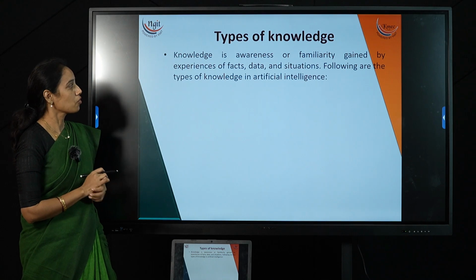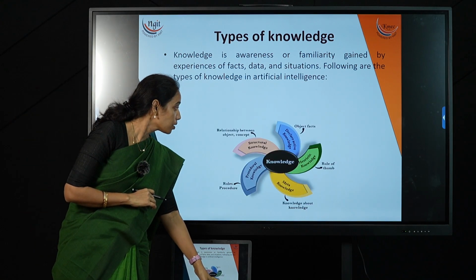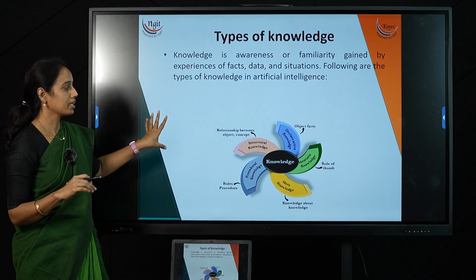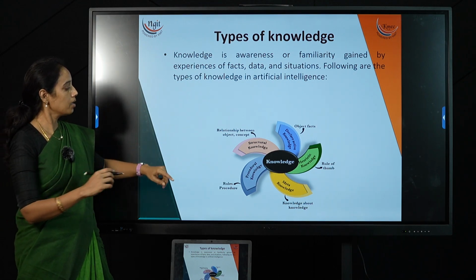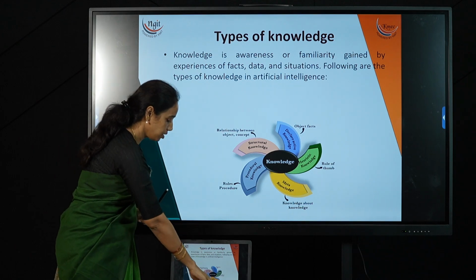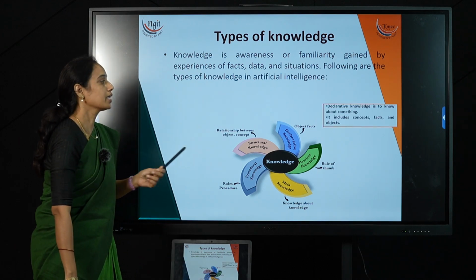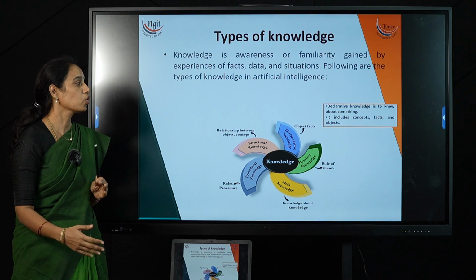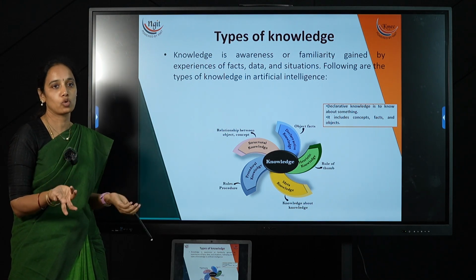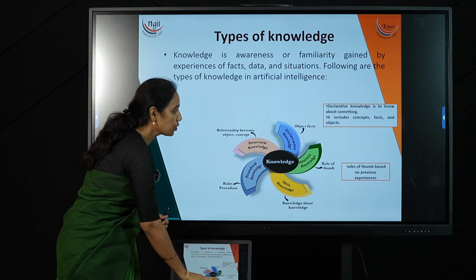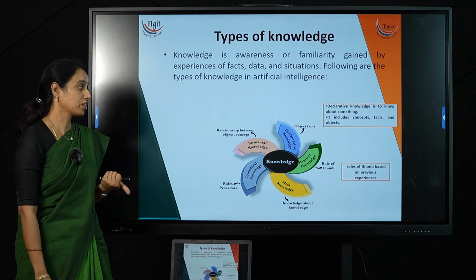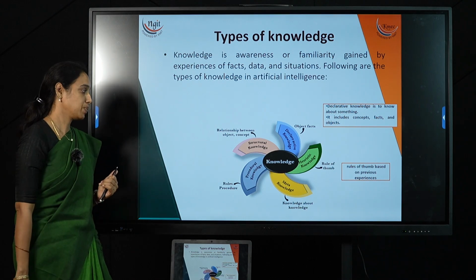And coming to the types of knowledge, we have these 5 different types of knowledge: declarative, heuristic, meta, procedural, and structural knowledge. So we see here the declarative knowledge is nothing but to know about something, it may include concepts, facts, and objects. Then the heuristic knowledge is a rule of thumb based on previous experiences.